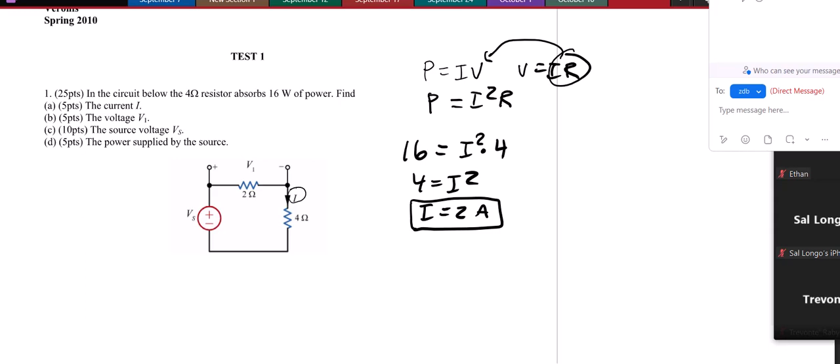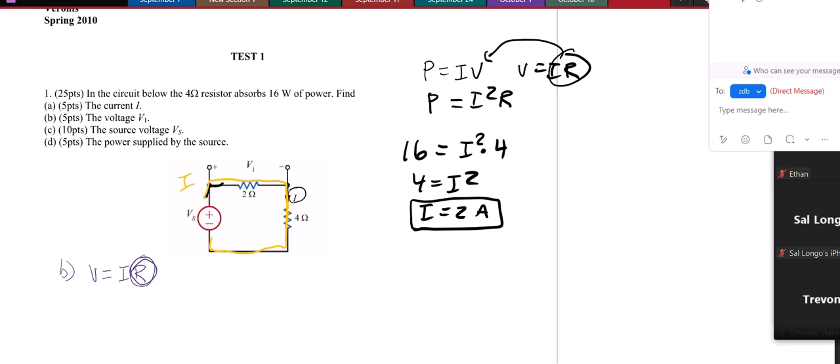And then the source voltage Vs. Okay, so now I look at the voltage and I have the current. Everything is in series. This is just one simple circuit, with everything in series, and so the same current goes through everything. So I can use Ohm's law and say V equals IR. Now I need to get the resistance for the entire circuit.